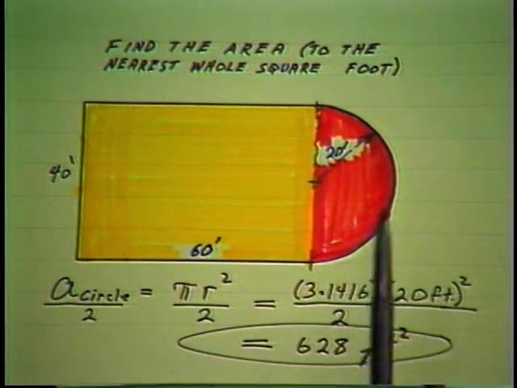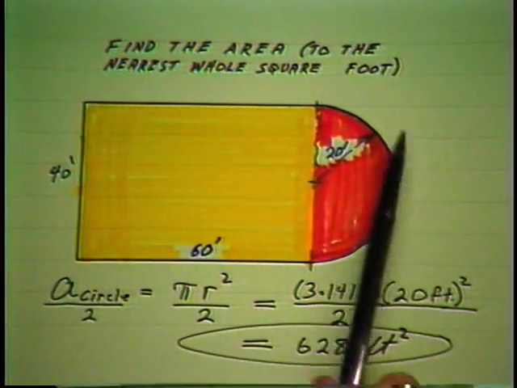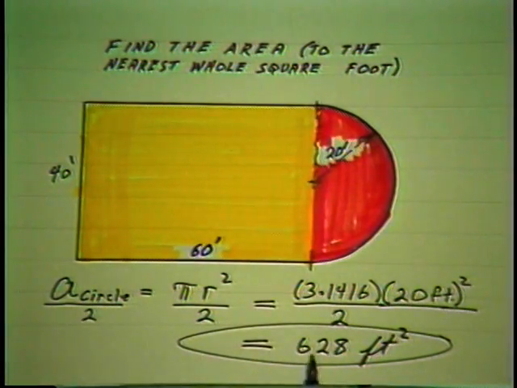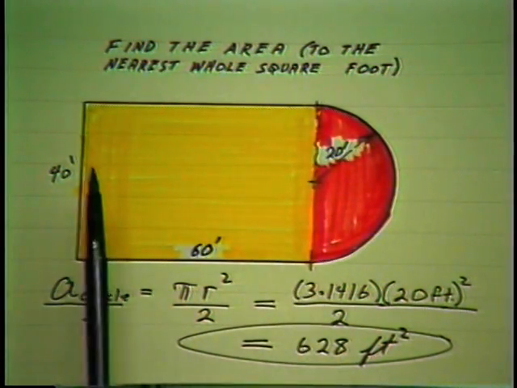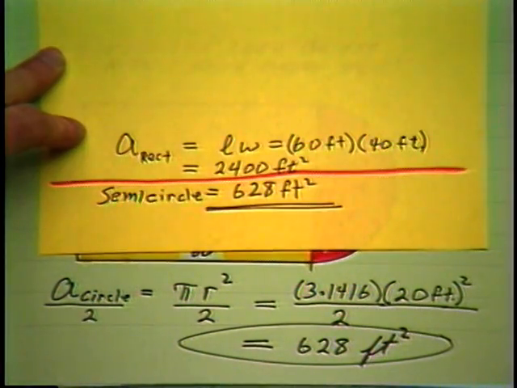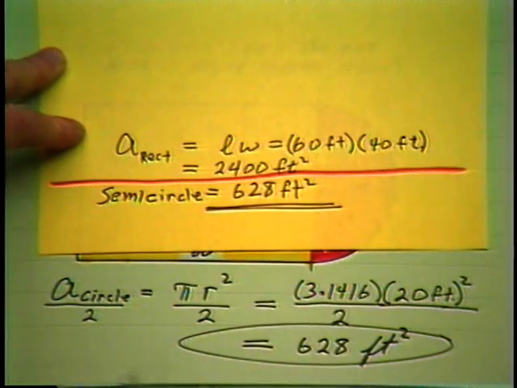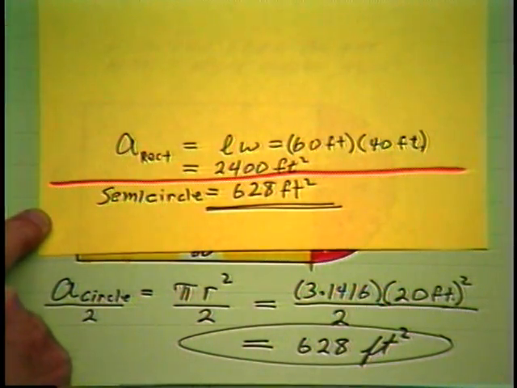But now we can simply visually see the area of the entire field is simply the sum of the area of the semicircle and the rectangle. And see, as we add them, they are like units, square feet, so we have permission to add.